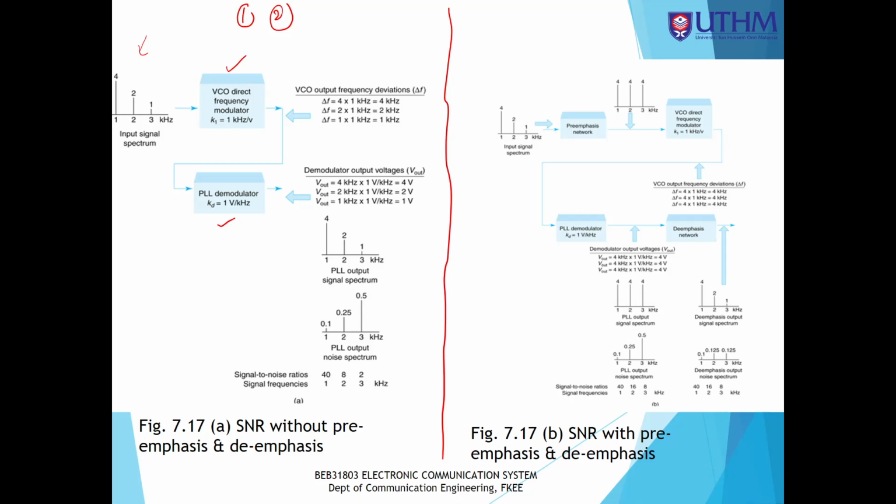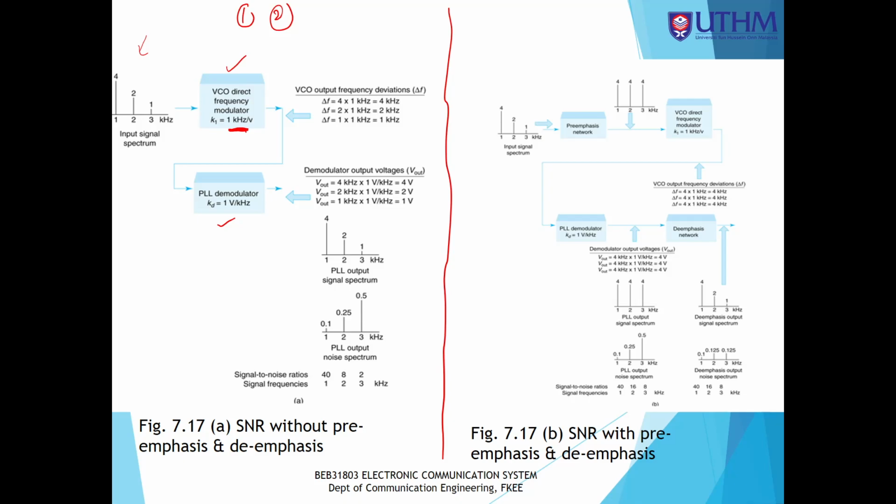This VCO has a transfer function K1 of 1 kilohertz per volt. That means if you want to produce hertz at the output, you need to multiply with the voltage, then you can get the frequency.